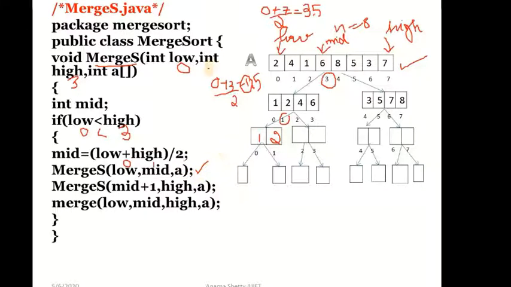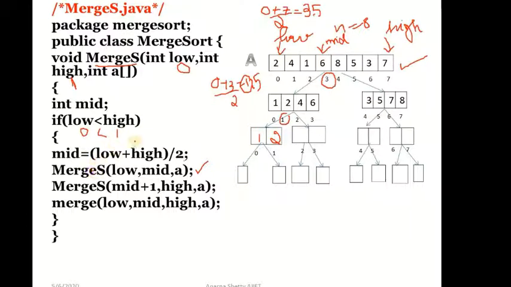It will call merges, and over here low value will be 0 and high value will be 1. Next it will check if low is less than high. Is 0 less than 1?